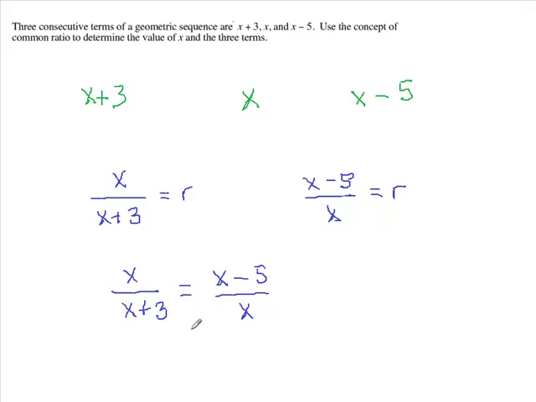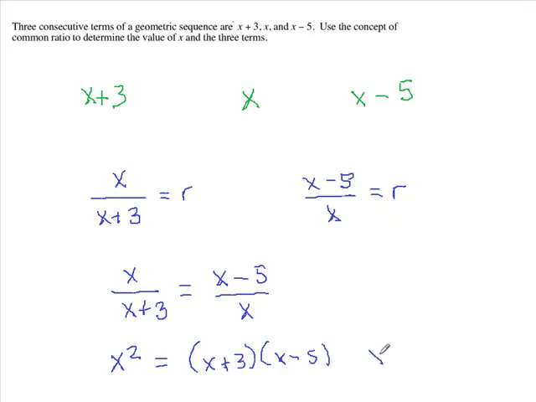If we cross multiply this thing, or multiply by x and x plus 3 if you'd rather, we get x times x is x squared equals, and going this way, I don't want to FOIL too fast and screw it up, so let me take an extra step.